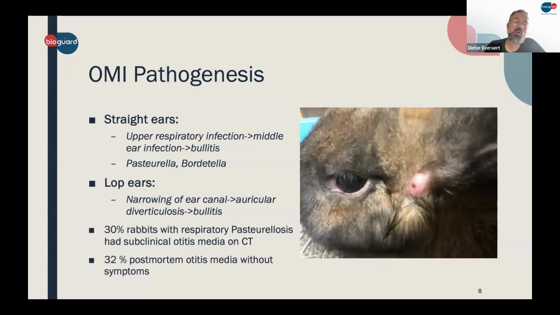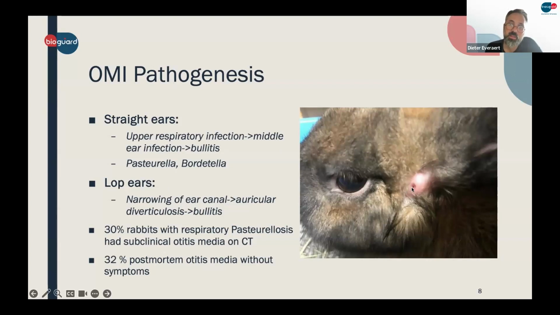As said before, in lop-ears, there's a narrowing of the ear canal, causing a typical auricular diverticulosis. And then because there's quite a lot of pressure on the tympanic bulla, it's going inside and causing a bullitis. So this is typically auricular diverticulosis.